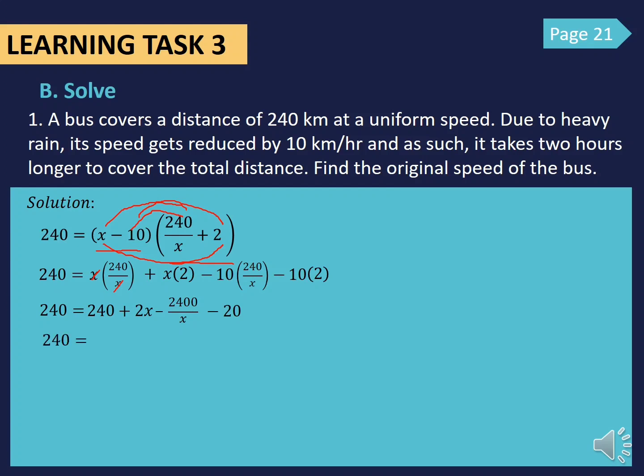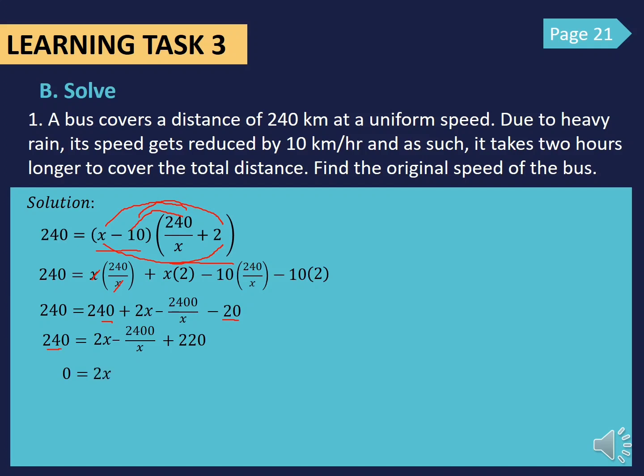Next is 240 minus 20, that is 220. So, we have 2x minus 2,400 over x plus 220. Inilipat na natin yung constant term at inilagay na natin sa dulo. So, 240 minus 20 is 220. Now, that is equal to, i-transform natin into standard form. 240 ay ilipat sa other side.